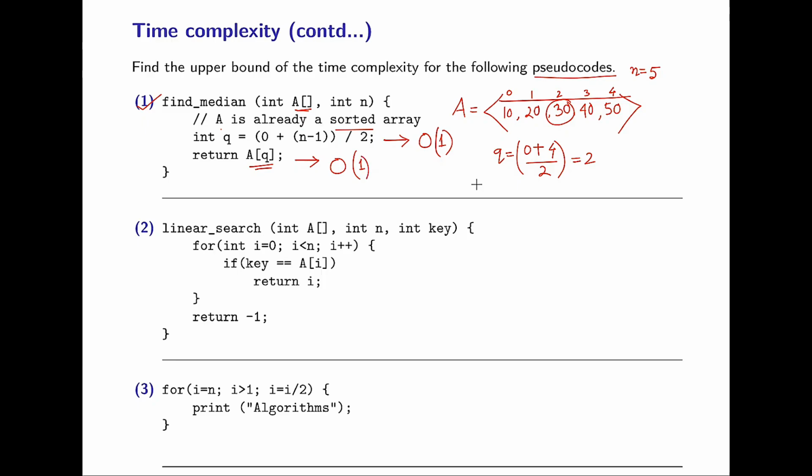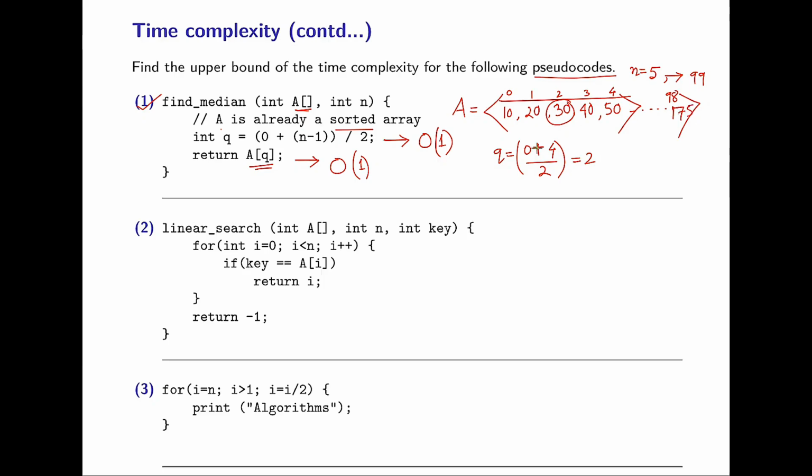Return A[q]. If I ask you why it does not depend on the input size n: when I write big O of 1, it means it is not dependent on the input size n. If you increase the number of elements, let's say there are 99 elements, the last index will be 98, and let's say 175 is present there.